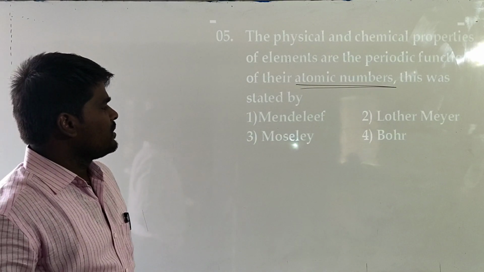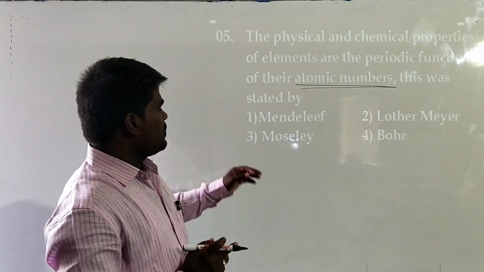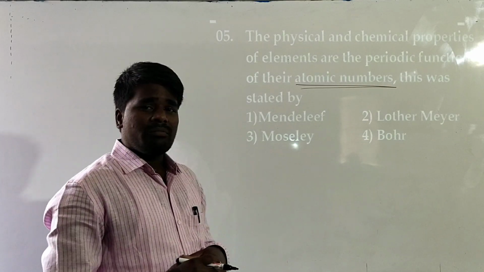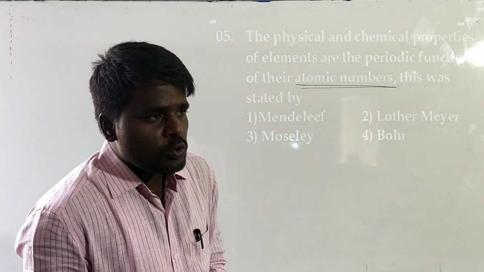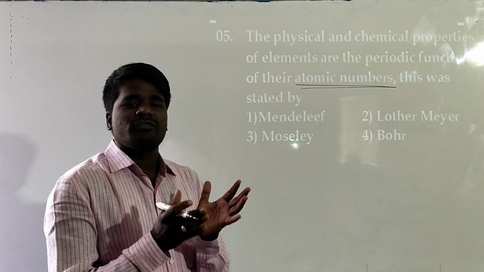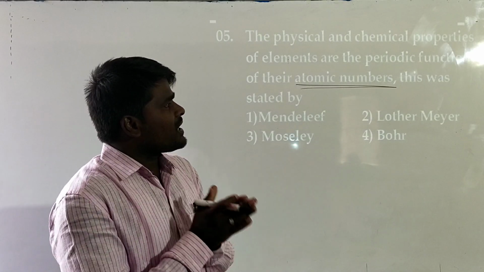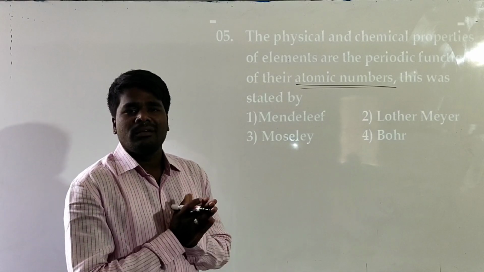Atomic number is mentioned, and we know that atomic number was discovered by Moseley. With the discovery of atomic number, he stated that atomic number could be the fundamental basis for the classification of elements, and that the physical and chemical properties of elements are a periodic function of their atomic numbers.